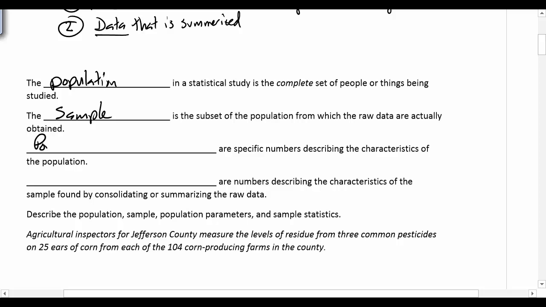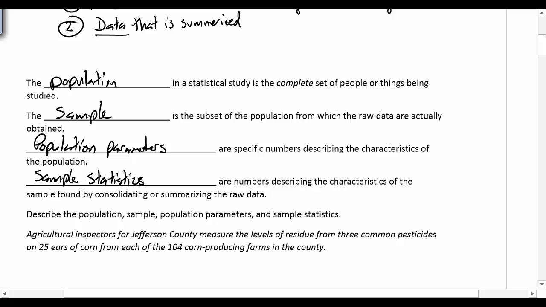Population parameters are specific numbers describing the characteristics of the population. Sample statistics are numbers describing the characteristics of the sample.